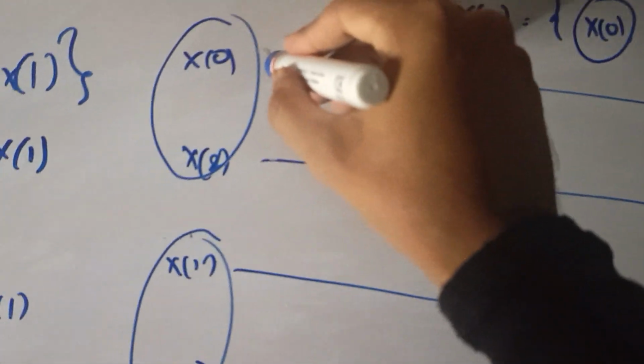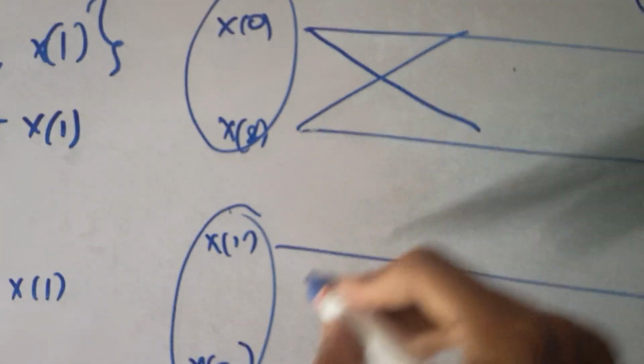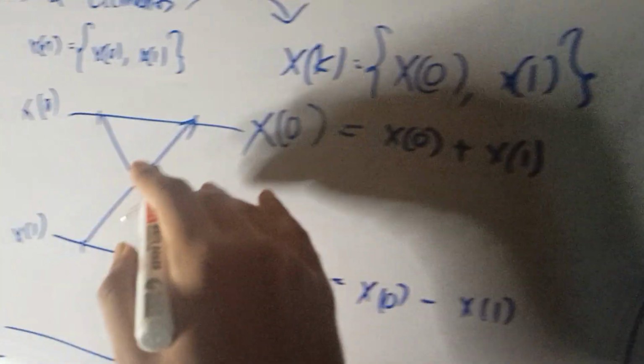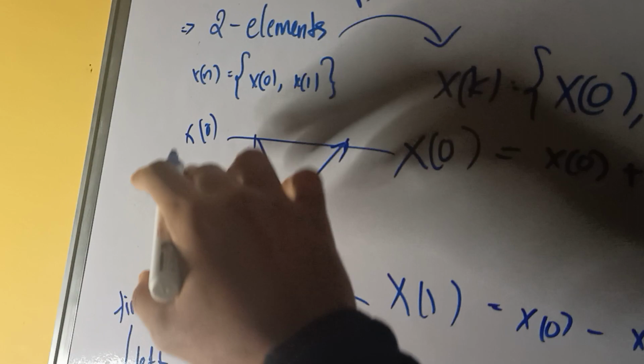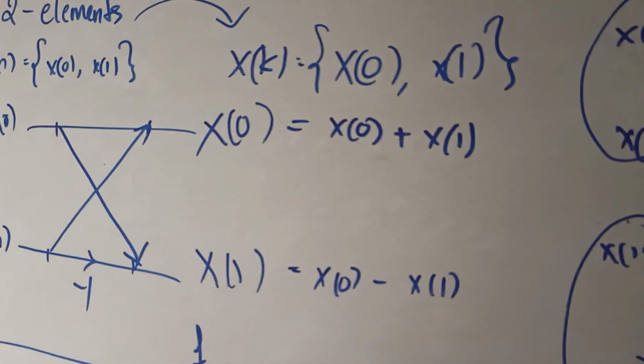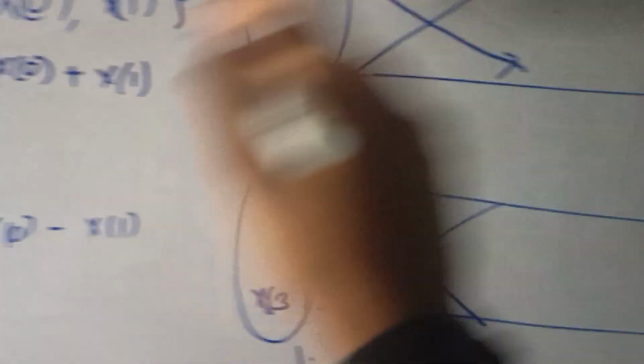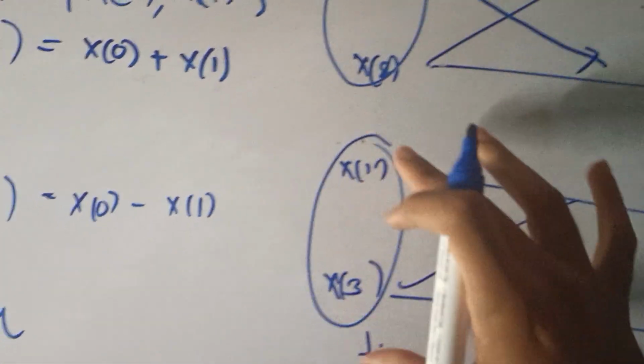Now we have to go forward. One more thing, the two-cross butterflies come whenever there are decimations. Wherever there are decimations, it starts from 2 cross. So this will be the same as for these two.